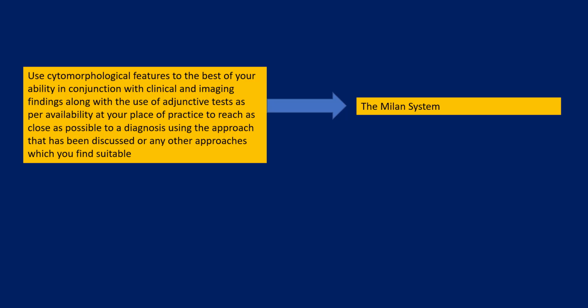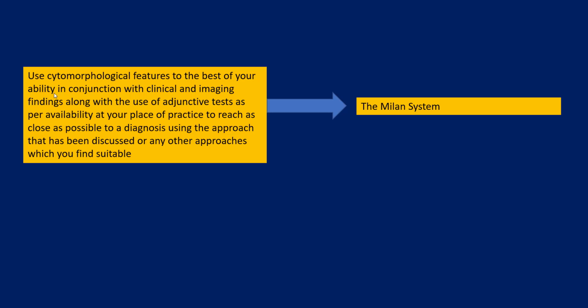So, my approach is to use the cytomorphological features to the best of your ability, and that is why I have dealt with the approach first in conjunction with clinical and imaging findings, along with the use of adjunctive tests as per availability at your place of practice, to reach as close as possible to a diagnosis using this approach that has been discussed so far, and then try to see where in Milan it fits in.